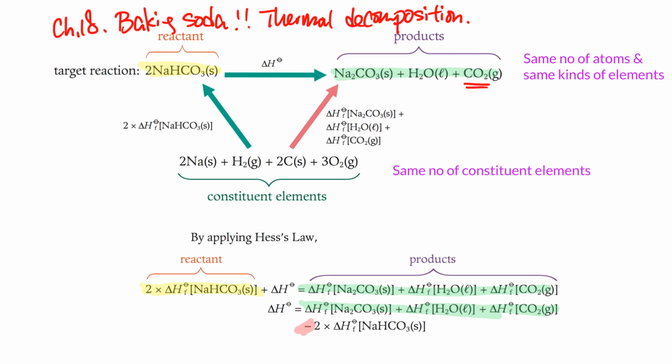So you will have the products minus, why is minus? Because this one is positive. You put it there, it will be negative, minus the reactant. So if we have this concept, then we can say that the delta H will be all the formation of the products minus all the formation of the reactants.